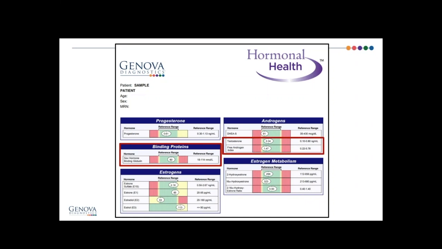The testosterone in blood tends to be, for women especially, bound and unbound. And so the free androgen index is a calculation utilizing sex hormone binding globulin with testosterone to get a sense of what's available. And you see that free androgen index, and then the 2 and 16 hydroxyestrone metabolites and the ratio.